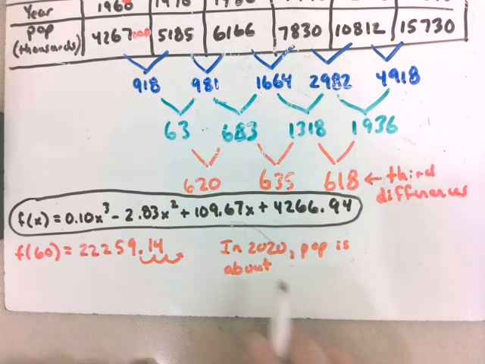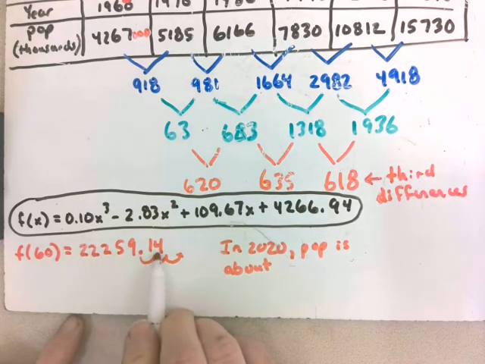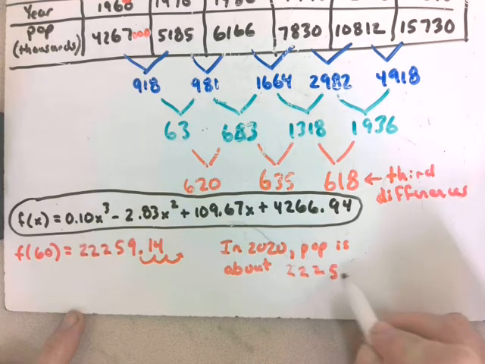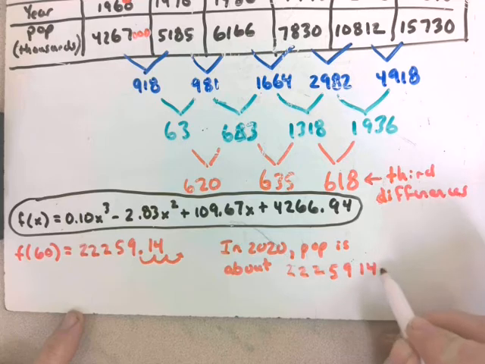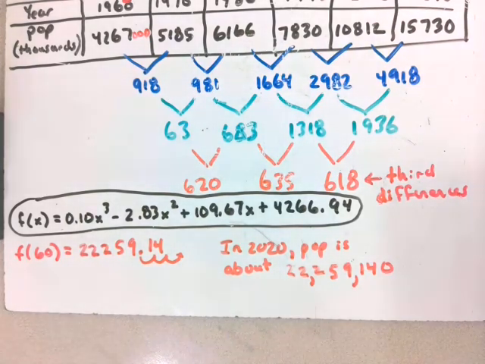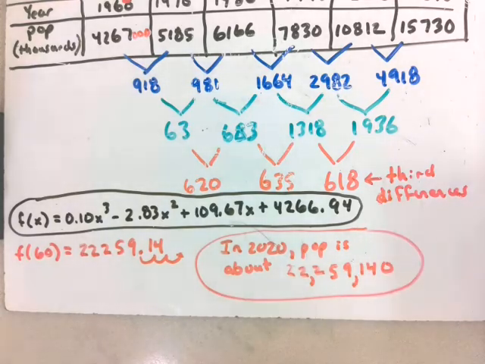It's not perfect. Population is about, and if we take a look at this and move the decimal over 3 places, our number would be 22,259,140.